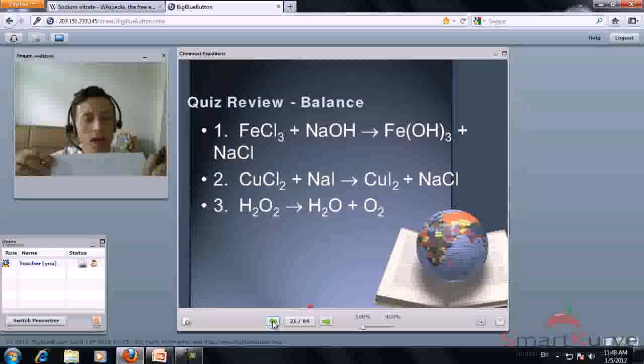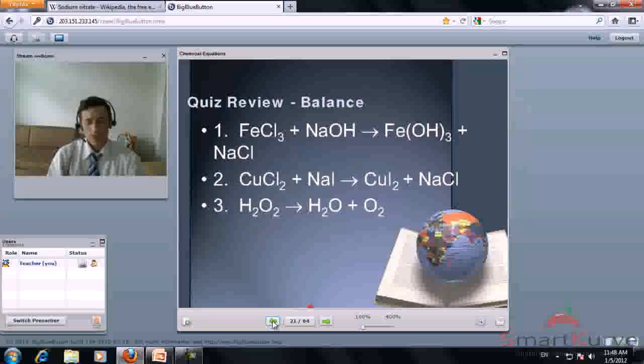In this equation we have FeCl3, iron chloride, plus NaOH, that's sodium hydroxide, yields iron hydroxide and sodium chloride. This is actually a fairly common chemical reaction. Here, our iron chloride, this is like a green or reddish crystal.